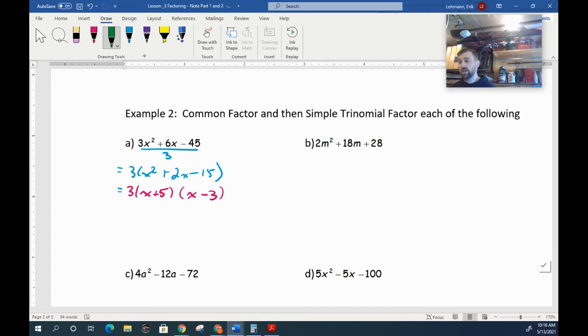Let's do it again. Check for a GCF. I can divide out a 2. I can't take an m out because there's no m here. M squared plus 9m plus 14.